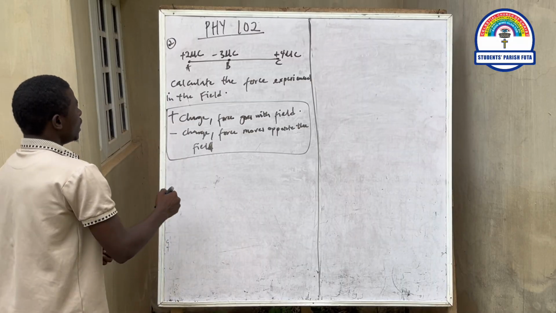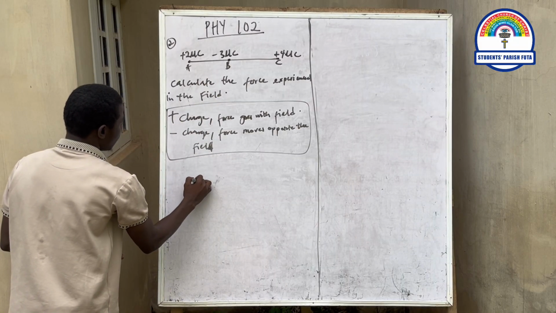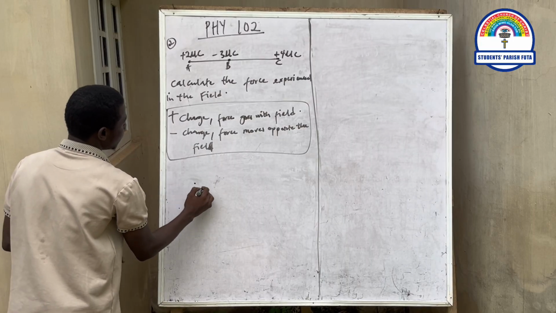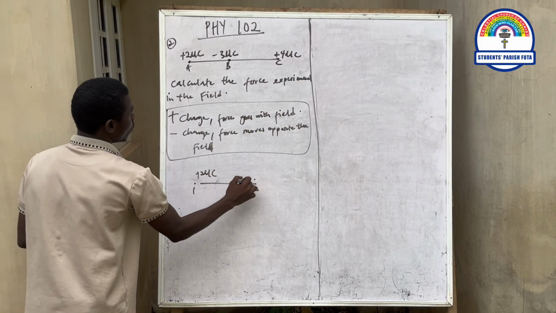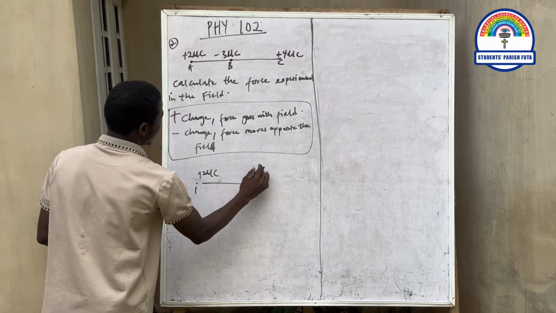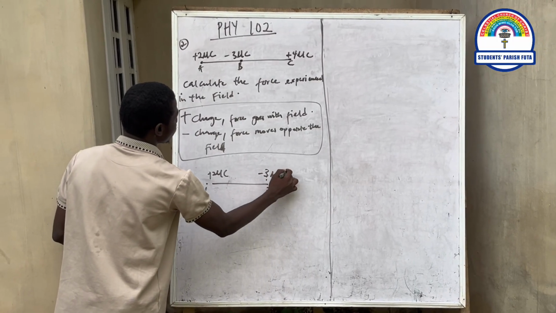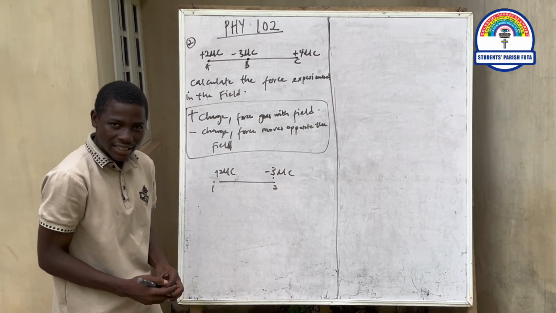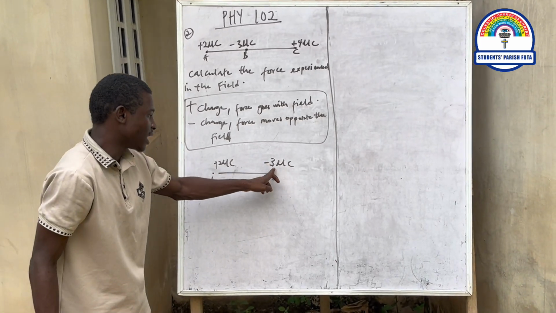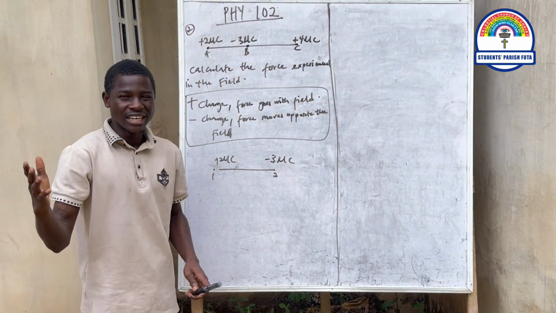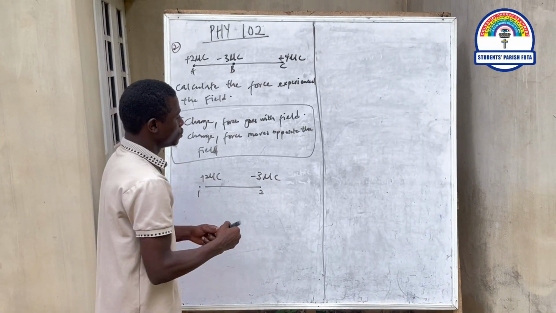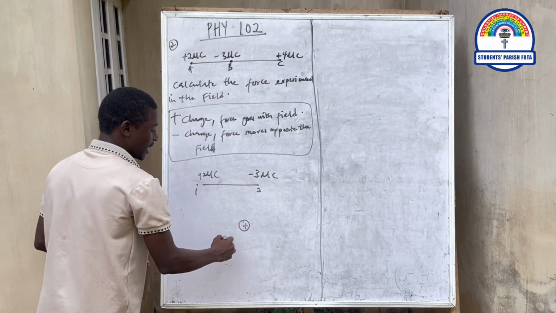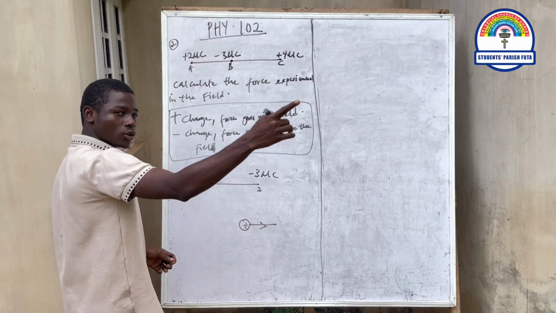So let's go. The first thing you need to do: we have A, let me name it 1, and 2, B, plus 2 microcoulomb and a negative 3 microcoulomb. When we go to the next section, we'll talk more about the electric field. For a positive charge, the electric field goes out of it.